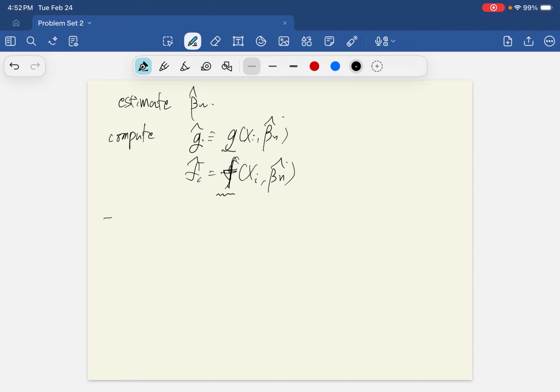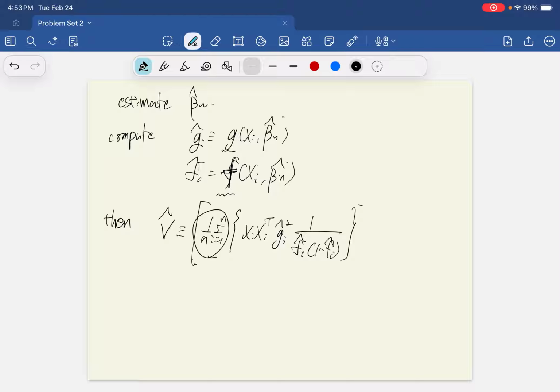And then the variance hat is 1 over n times the summation of xi transpose xi, since we observe x directly, times gi hat squared, and 1 over fi hat times 1 minus fi hat. You calculate this for every i, take the average, and then take the inverse. So this is how you calculate the variance. Then the standard error will be straightforward.